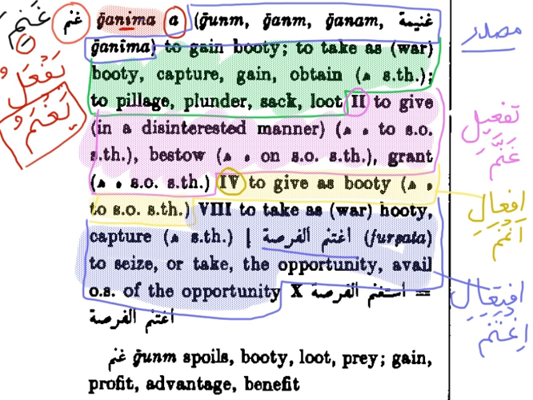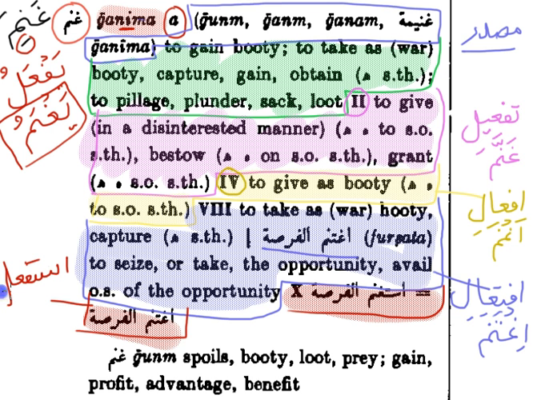And finally, in the end, it mentions the X in the Roman numerals. X means the 8th. Okay, sorry, the 10th. So basically what this means is that this is from the bab of istif'al. I don't have any room here, let me just put it over here.